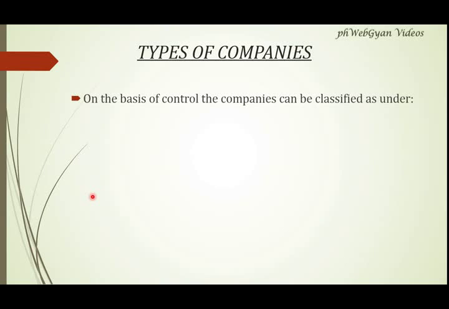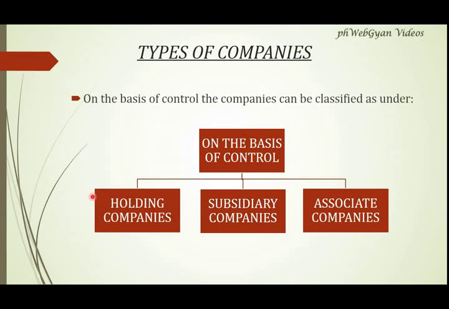So on the basis of control, how many types of company can there be under the Companies Act? As we can see in our chart, there are three types of companies. First, holding company. Secondly, subsidiary company. And thirdly, associate company.